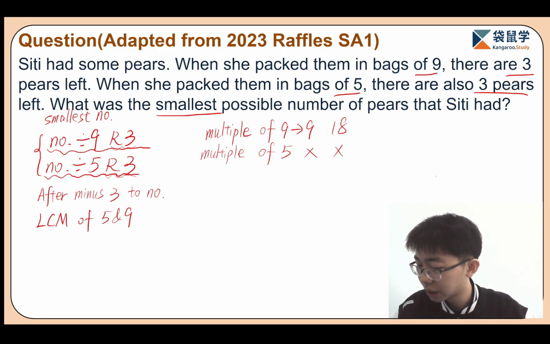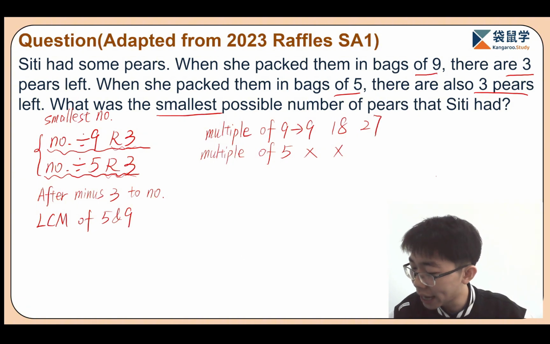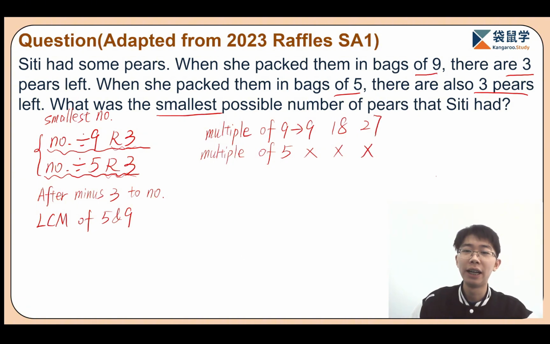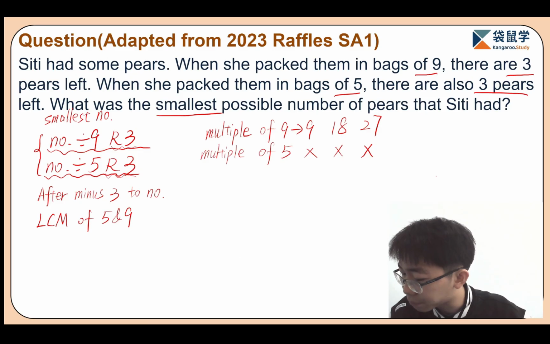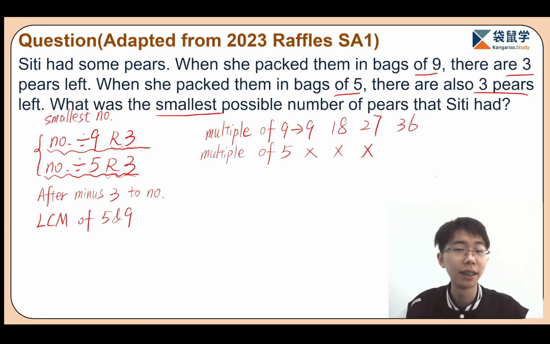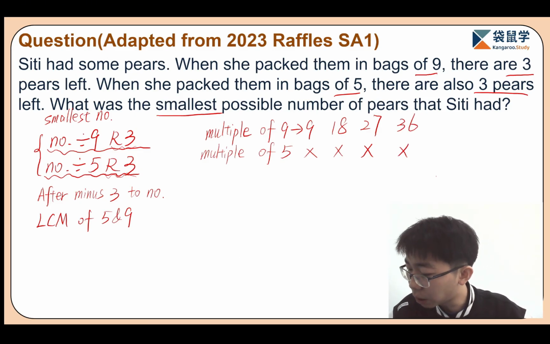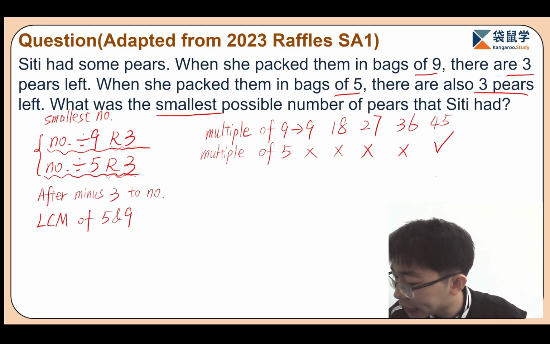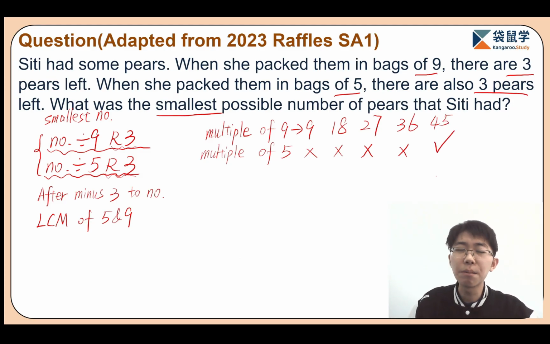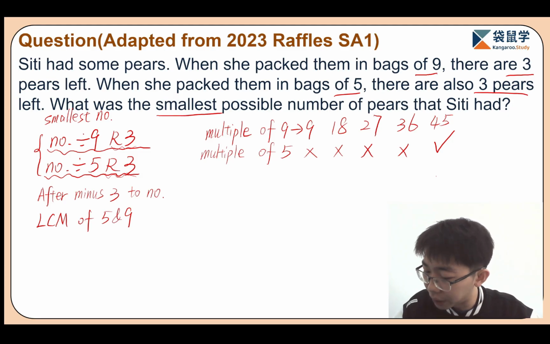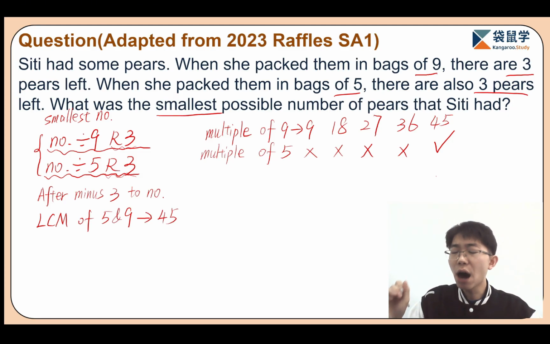No. The next multiple of 9 equals 27. Again, it's not a multiple of 5. And then the next one should be 36. Again, no. The next one should be 45. This time, yes. So the least common multiple of 5 and 9 should be 45. So our number when minusing 3 is 45.